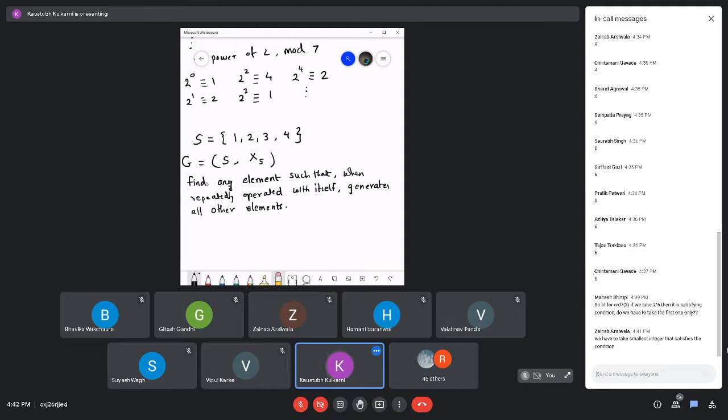So in this case, 2 is that element, and if we repeatedly operate 2 with itself, this gives us 4. Repeatedly operated means, so this is once. If we operate it twice, it will give us 3. You get the point. Now we are doing it one more time, it will give us 4.